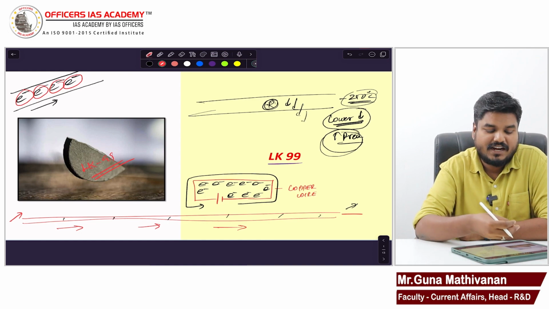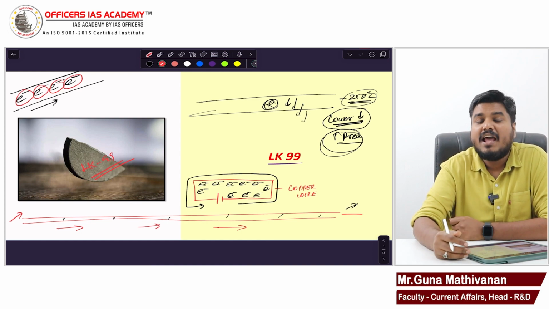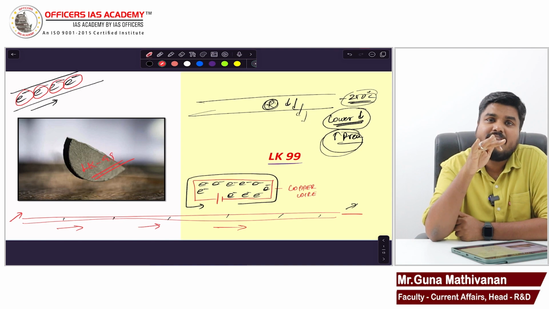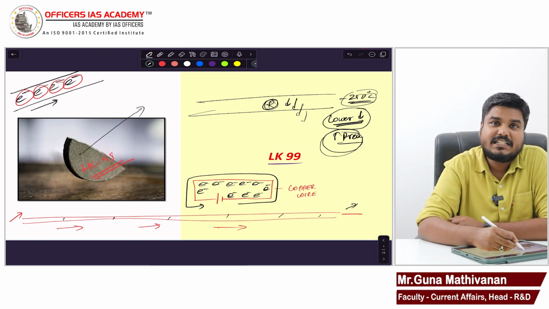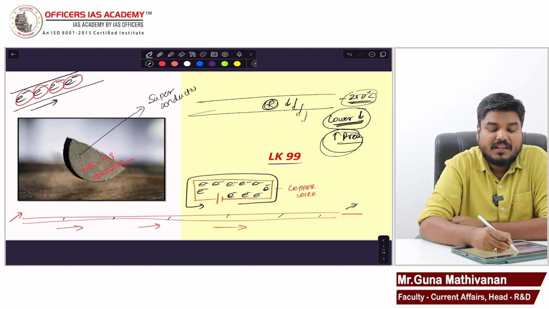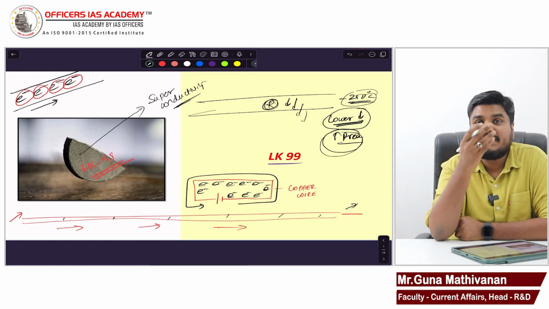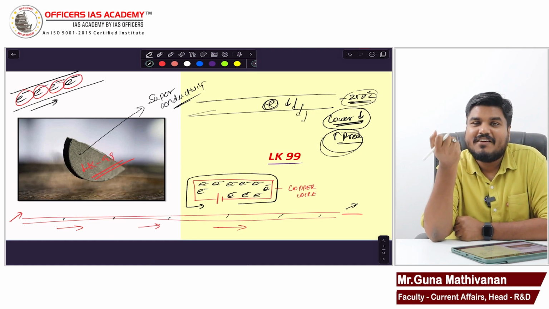They were able to get a grey color material, LK99, and the South Korean researchers are claiming that this material can achieve superconductivity.